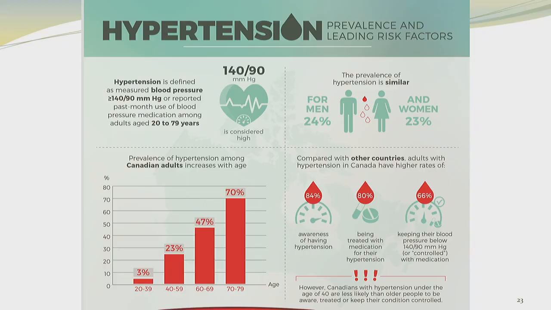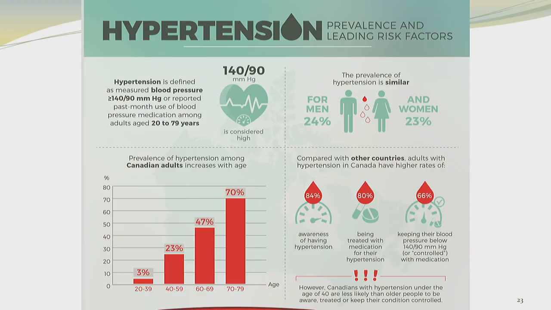So the graphic also indicates that hypertension tends to increase with age, and that individuals under 40 are less likely to be aware that they have hypertension. And it's unfortunate that because of our changing diets, now you can even find elevated blood pressures in school-age children. So they do not have full-blown hypertension, but their blood pressures are much higher than you would expect for their ages.